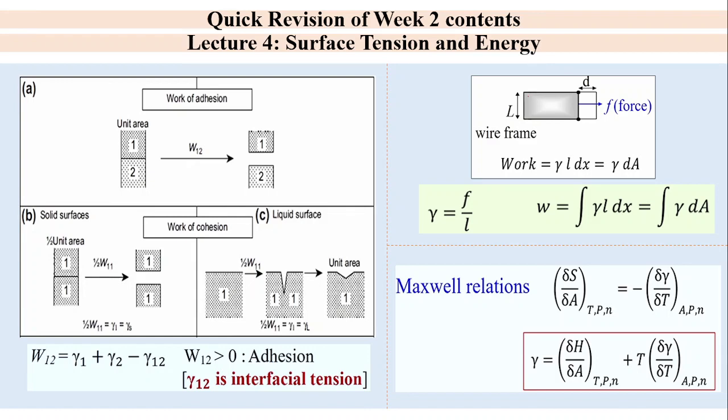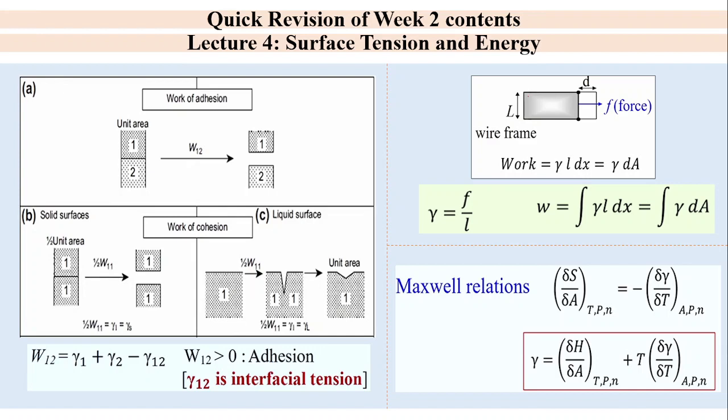These 1 and 2 may be any solid or any liquid. So if I represent the solid with S and the liquid with L, the formula changes to W_SL is equal to gamma_S plus gamma_L minus gamma_SL.